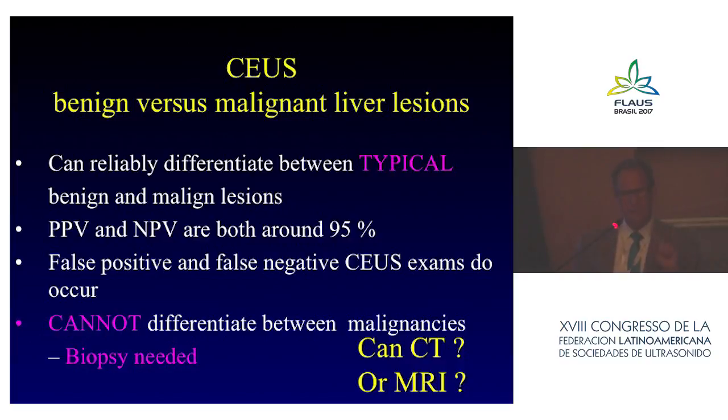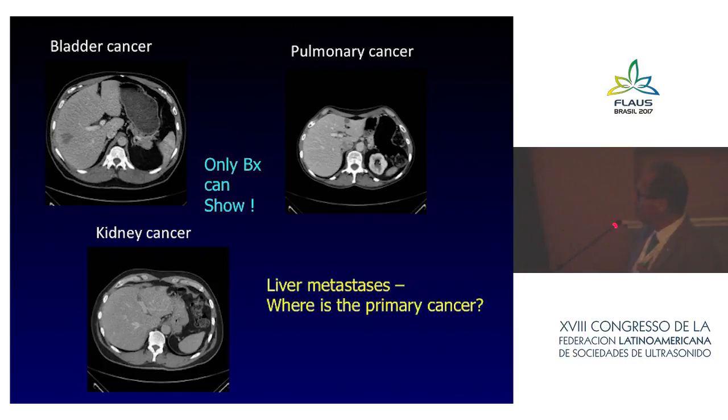What you cannot do is differentiate between different kinds of malignancies. So you cannot tell where this cancer comes from. Now, is that so special? My question is, can CT or MRI tell you where the cancer came from? Not if you only have the liver. You need a biopsy. Here we have three different patients.